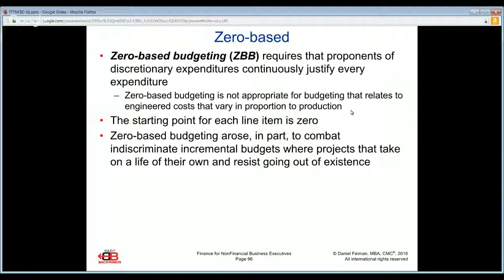Continuous process improvement is permanent because it changes the culture of the organization. It identifies unnecessary expenditures to still achieve the same results.